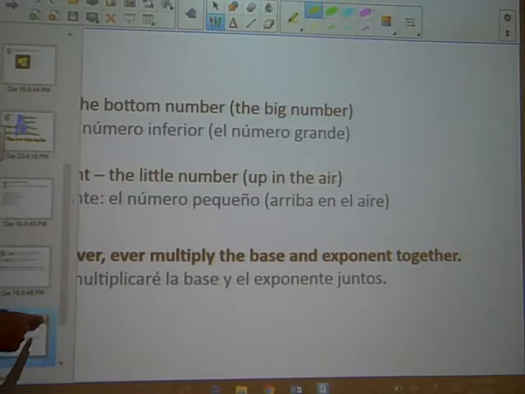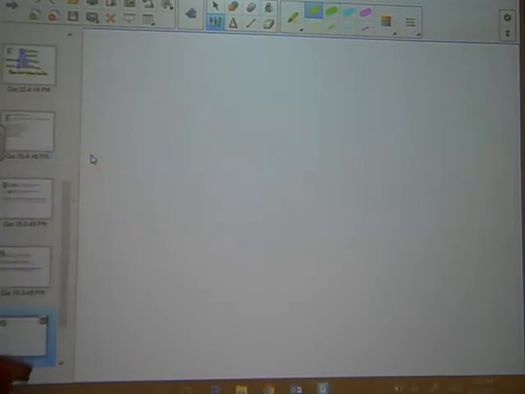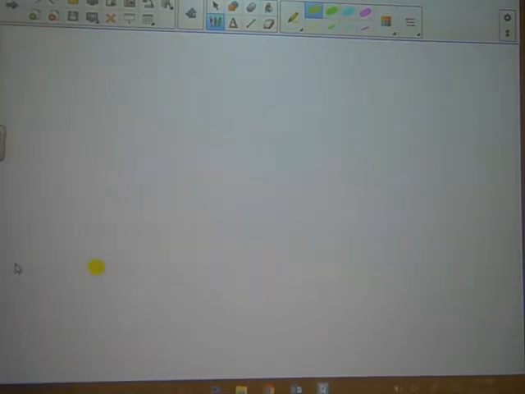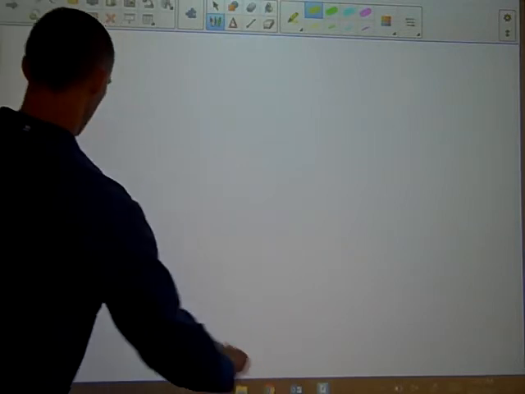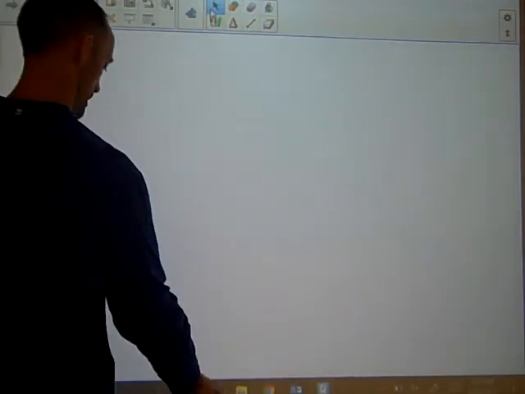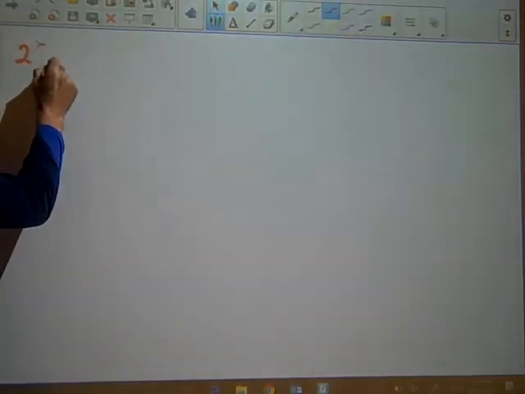And I'm going to put a blank page in here. All right. And on this page, this is page 20. So page 20, you're going to need a paper from me, and you're going to need scissors and colored pencil.